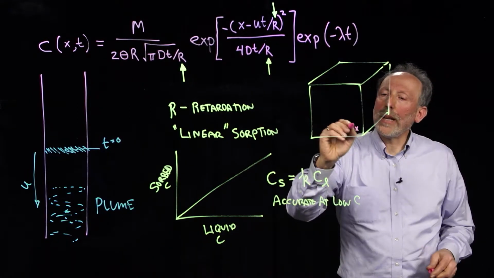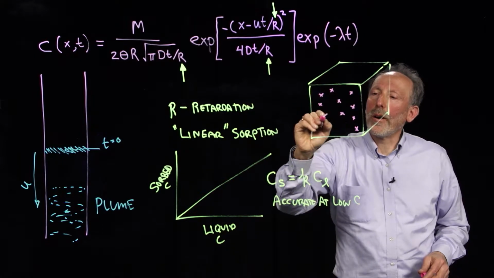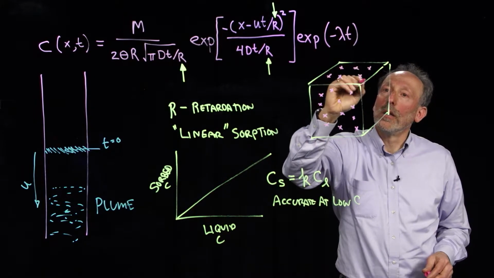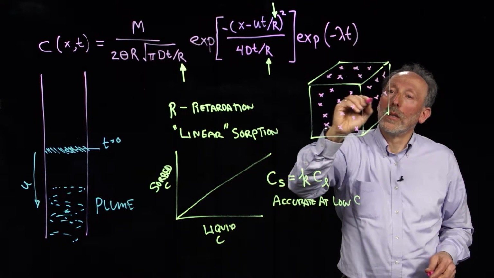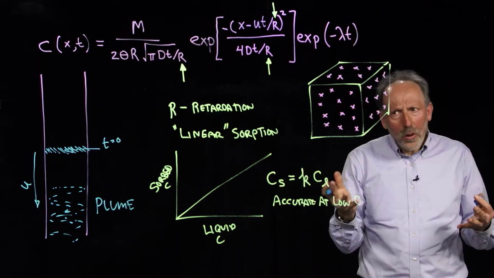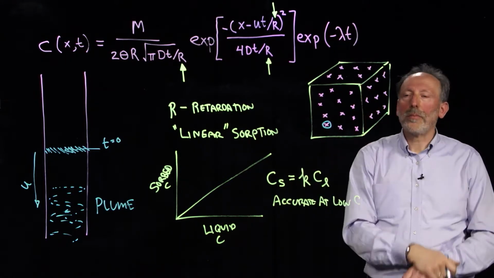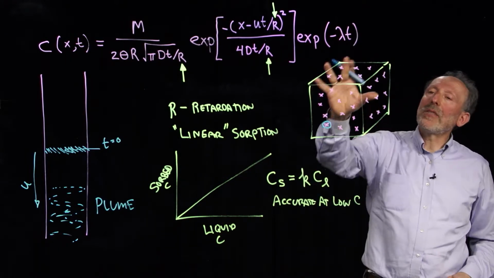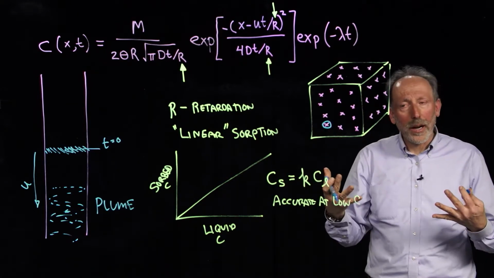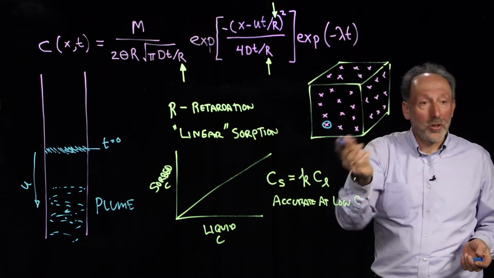And so there are many, many places that are chemically reactive where our solute might sorb. Now, what happens is, when there's low concentration, maybe one of them gets a solute stuck to it, but that leaves all the rest of them open. So having one site occupied does not greatly change the probability that any other solute molecule might also sorb.